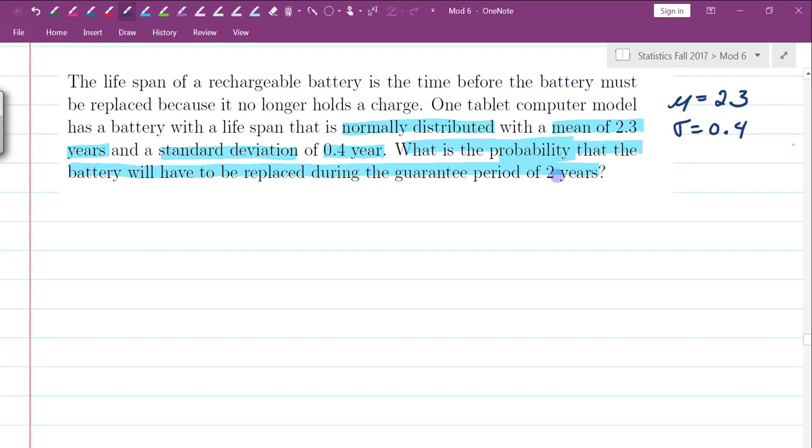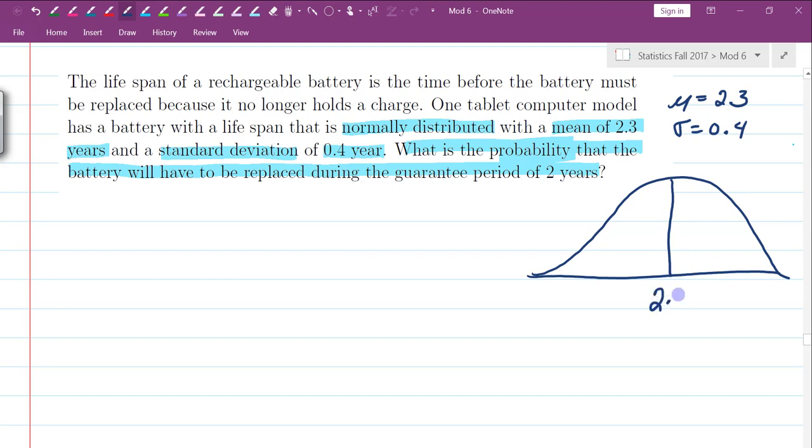So let's go ahead and draw a picture of what this looks like. 2.3 is our mean amount of time that the battery lasts. And it says, what's the probability that the battery will have to be replaced during the 2-year warranty? Well, the 2-year warranty is right here, prior to the average length of the battery, which is good.